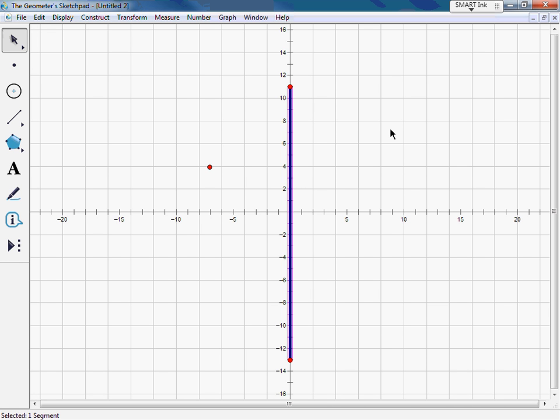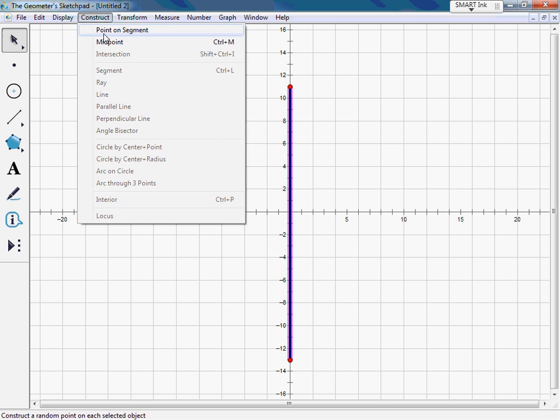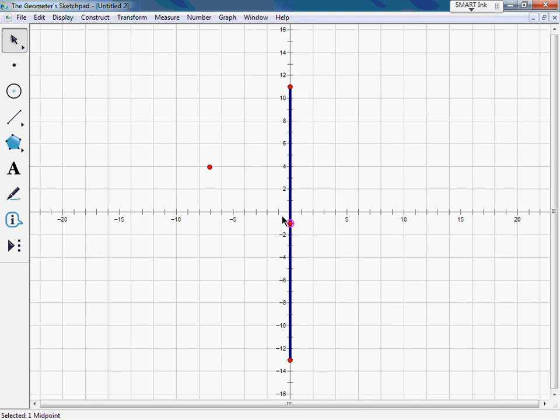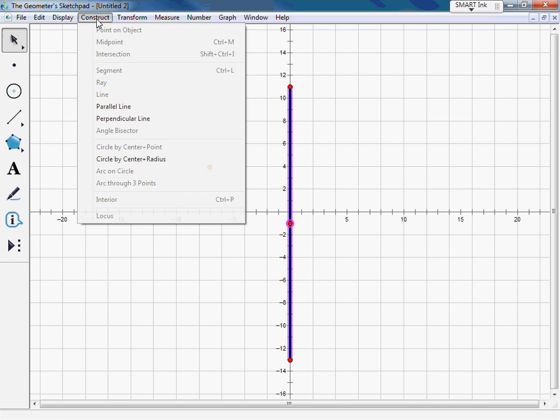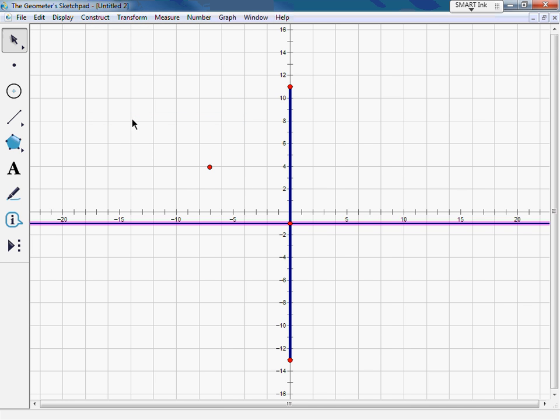And a geometrist would say, I know that the perpendicular bisector of a chord goes through the center of the circle. So I'm going to construct the midpoint right here. And then I know that I can construct a perpendicular line. So what would I do with this next chord here?